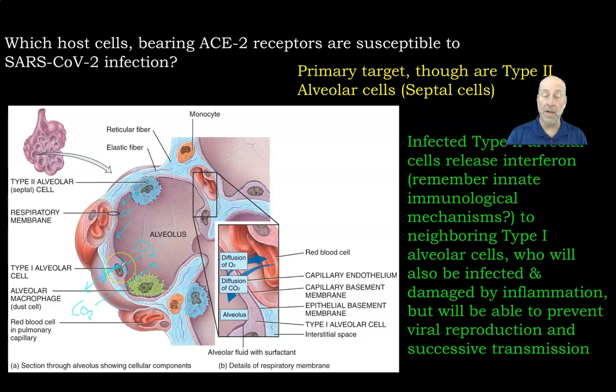And if we start blowing up that type 1 alveolar cell, it's not like blowing up the dermis of your arm. That would be a good thing.